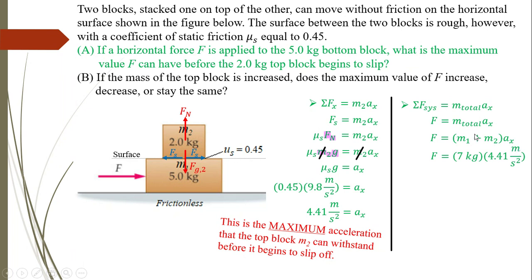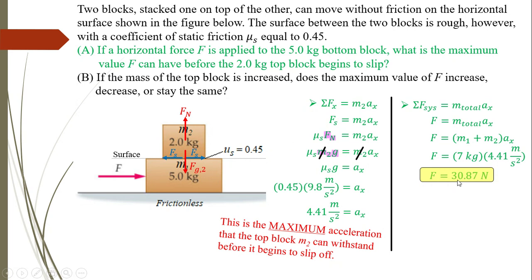Well, we know what the total mass is. The total mass is simply 5 plus 2, so 5 kilograms plus 2 kilograms, which is 7. The acceleration that we just found is 4.41. Therefore, F here is just 30.87 newtons. This is the maximum force that you can apply that will generate the same acceleration for the system before M2 falls off, which makes sense.